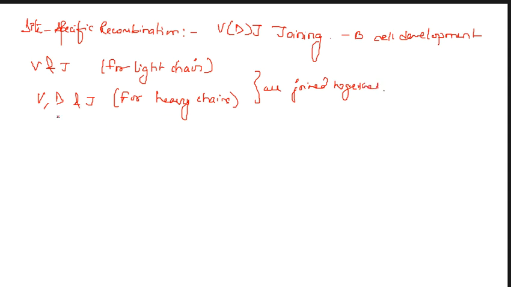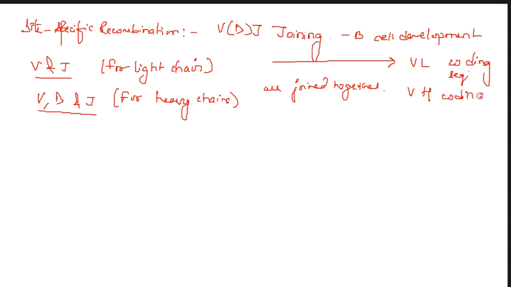VDJ are joined together in the case of heavy chain and V and J are joined together for the light chain, right? To form what? This is going to form the VL coding sequence and this is going to form the VH coding sequence.